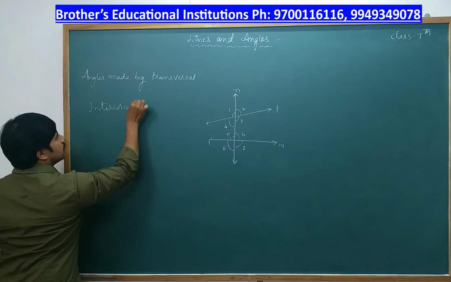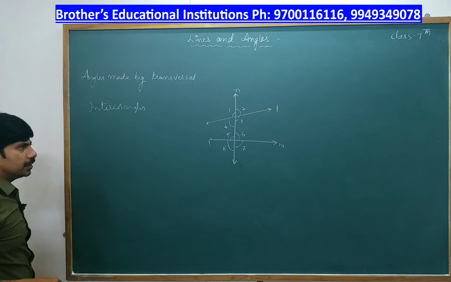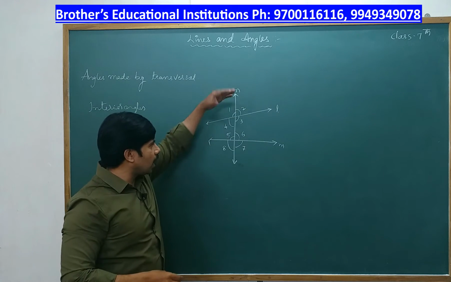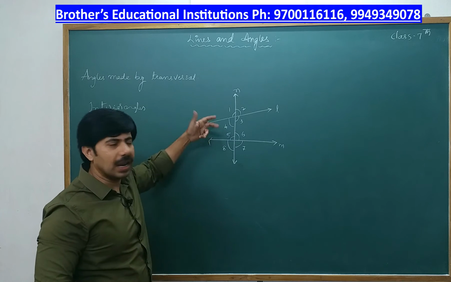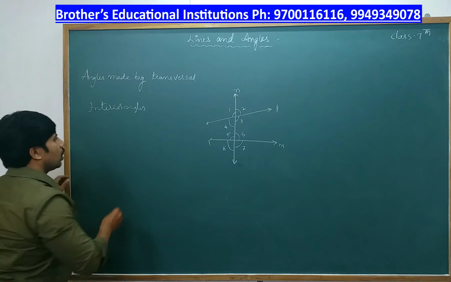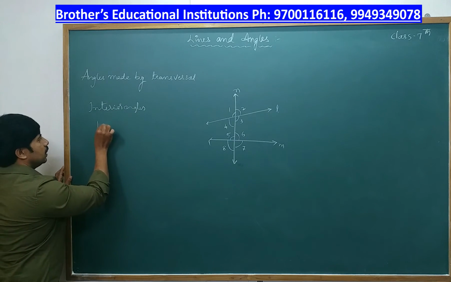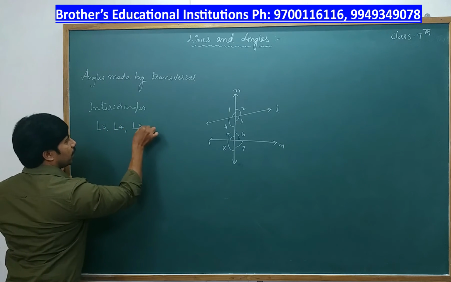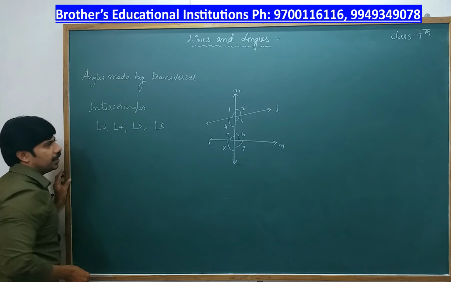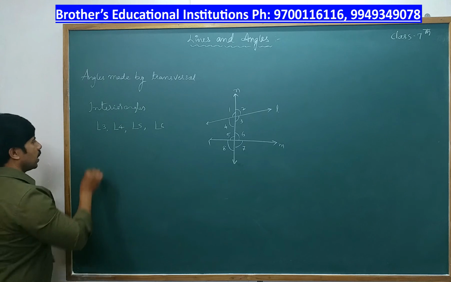Interior angles. See, what are interior angles? The angles which are between two lines. The angles which are between two parallel lines are interior angles. So what are interior angles? Angle 3, angle 4, angle 5, angle 6 are interior angles. What are exterior angles?